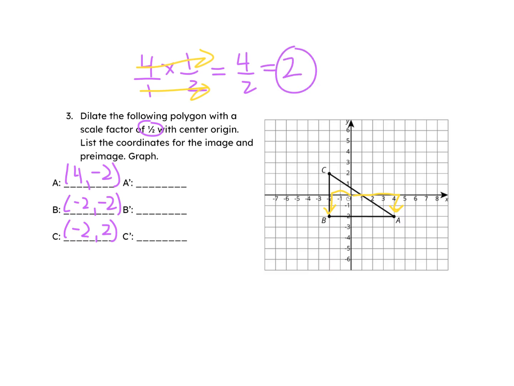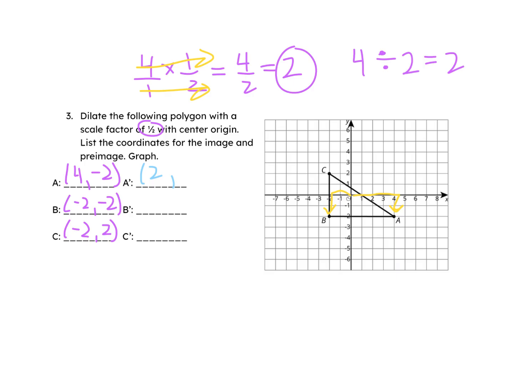I also like to think of it as just taking half of that number. What is half of 4? It's 2. Or multiplying by 1/2 is the same thing as dividing by 2. So if I did 4 divided by 2, I would also get 2. So a couple different ways to think about it. For me, the easiest way is just to take half of everything. So 4 times 1/2 is 2.